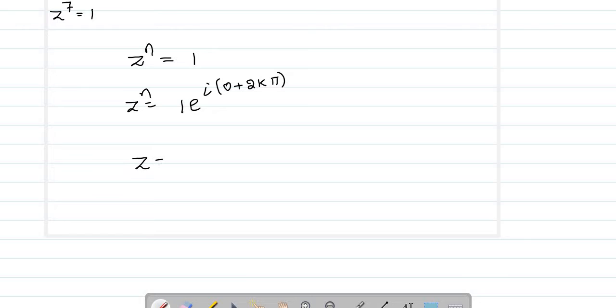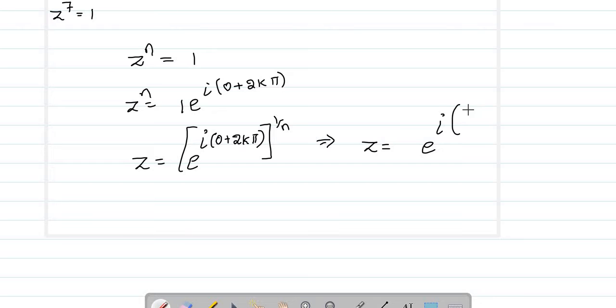Now z can be expressed as e power i 0 plus 2k pi, whole power 1 by n. I have taken that n to the other side. So when you do that, you can see what z is. z is nothing but e power i 2k pi by n. And what is k here? k can be any integer.